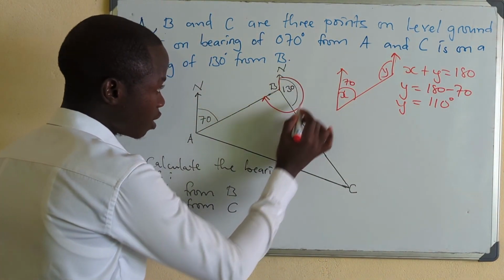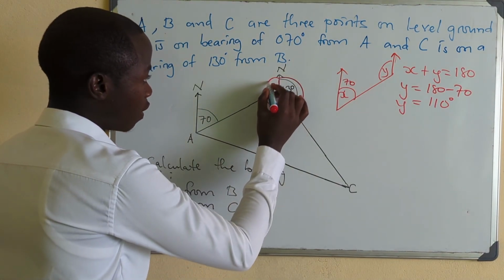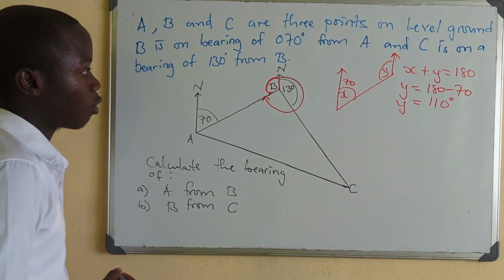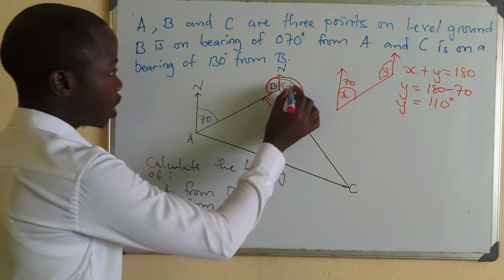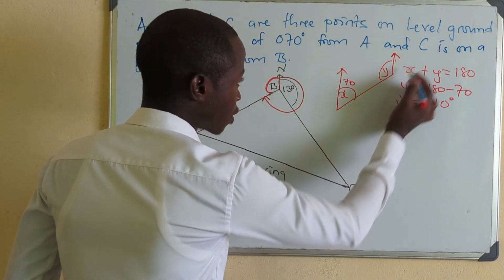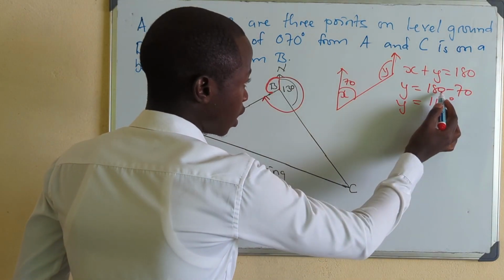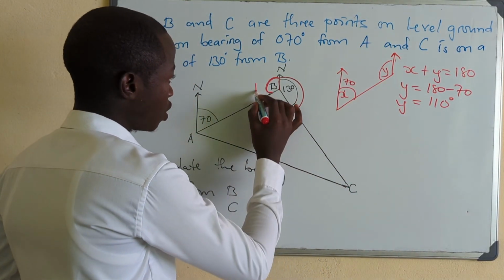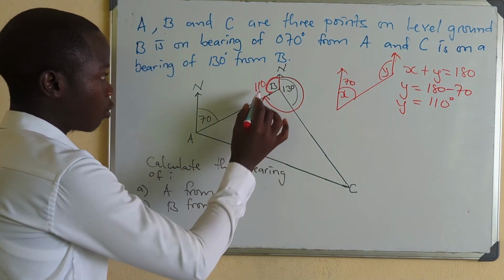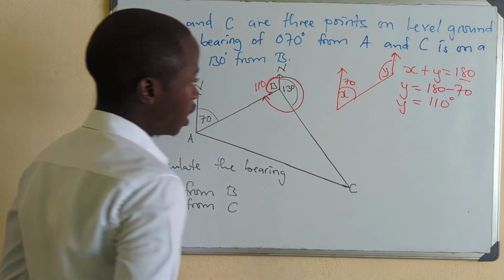To find this angle here, we need to know this angle here, so that when we know it, we can subtract it from 360, because a circle adds up to 360. Since this is 70, we subtracted it from 180, so this angle here is 110, such that when we add the two angles, they give us 180.